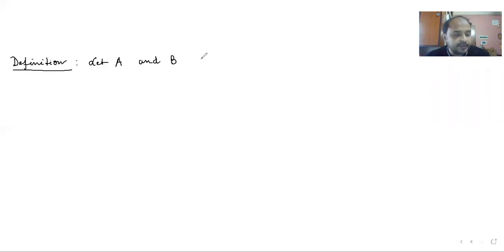Let capital A and capital B be m by n and m by p matrices respectively.